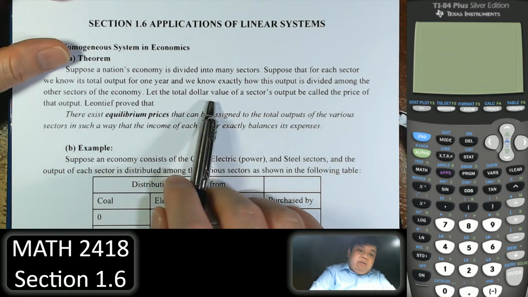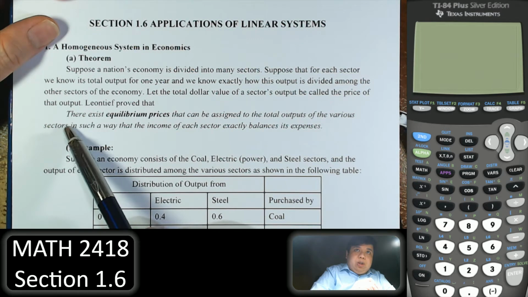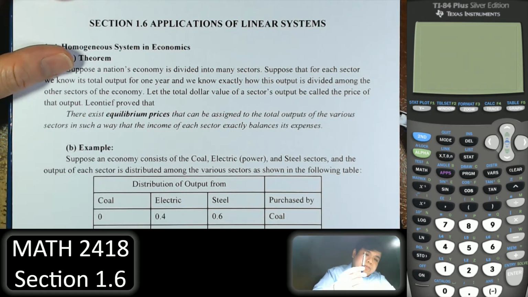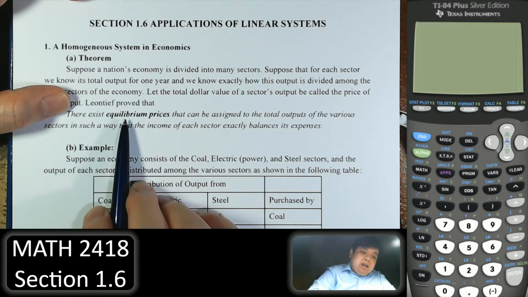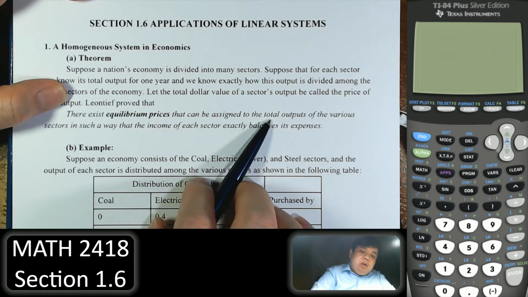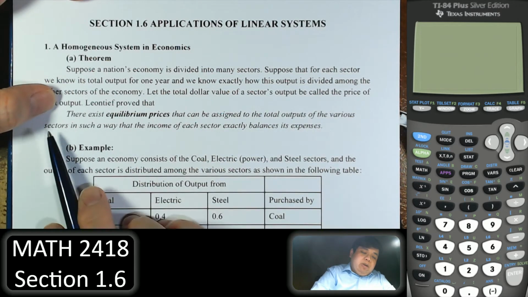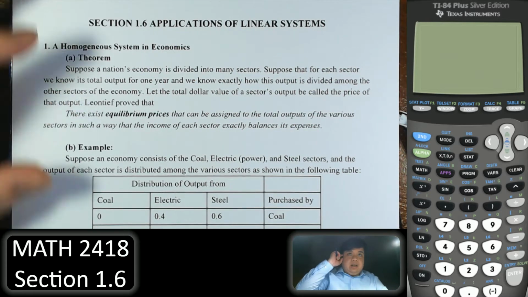The total dollar value of the sector output is called the price of the output. Leontief proved that there exist equilibrium prices that can be assigned to the total output of the various sectors in such a way that the income of each sector exactly balances its expense.